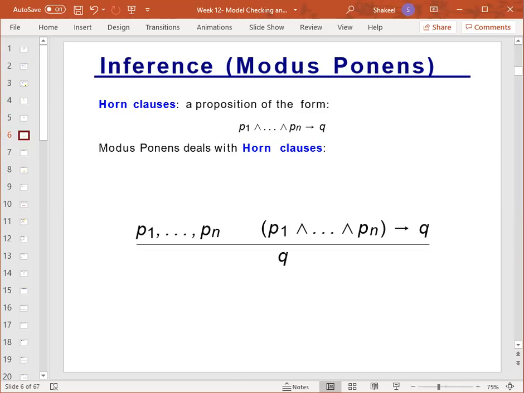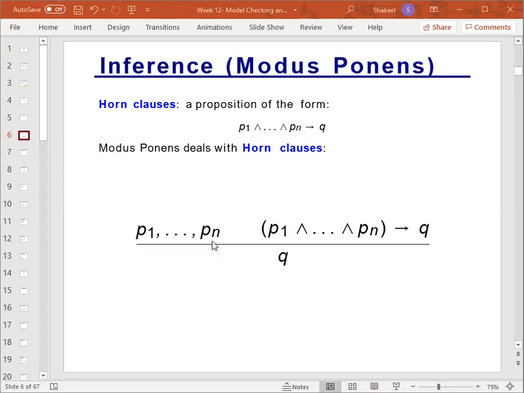Modus ponens can be extended by handling what we call Horn clauses. It is a proposition of the form P1 and P2 and Pn implies Q. So now on the left hand side, we don't have only one single proposition. We have a conjunction of propositions. Modus ponens deals with Horn clauses as follows. We are just going to extend it.